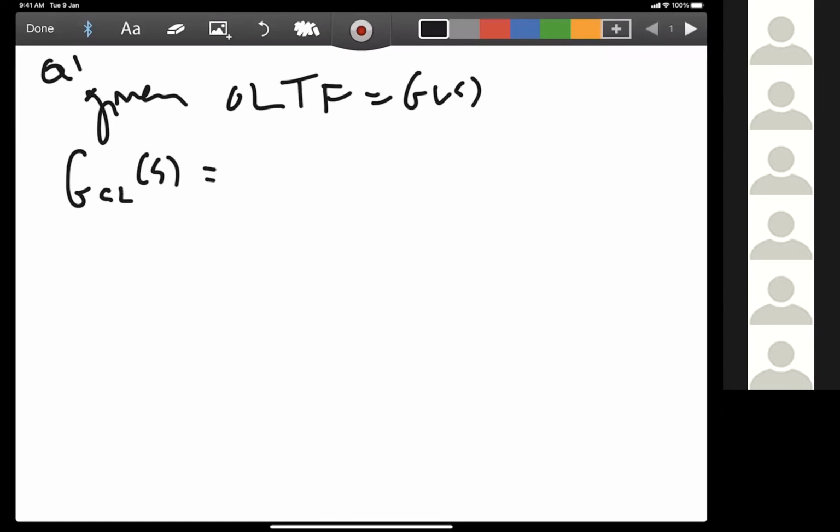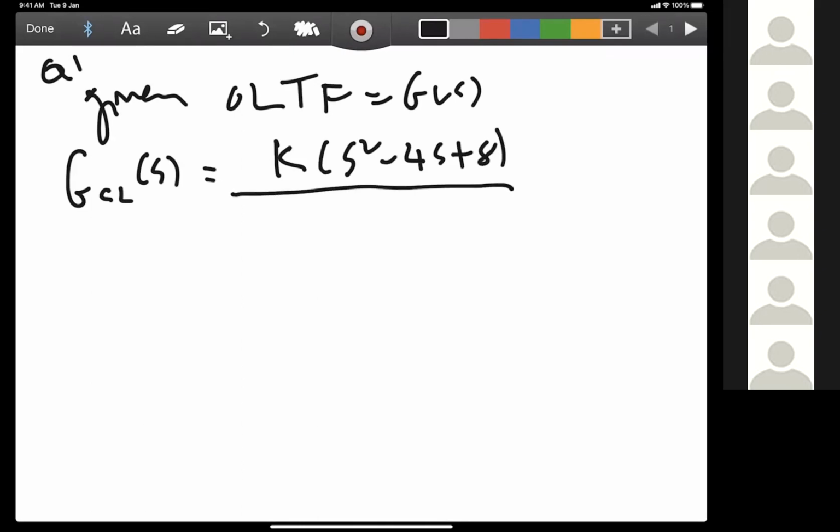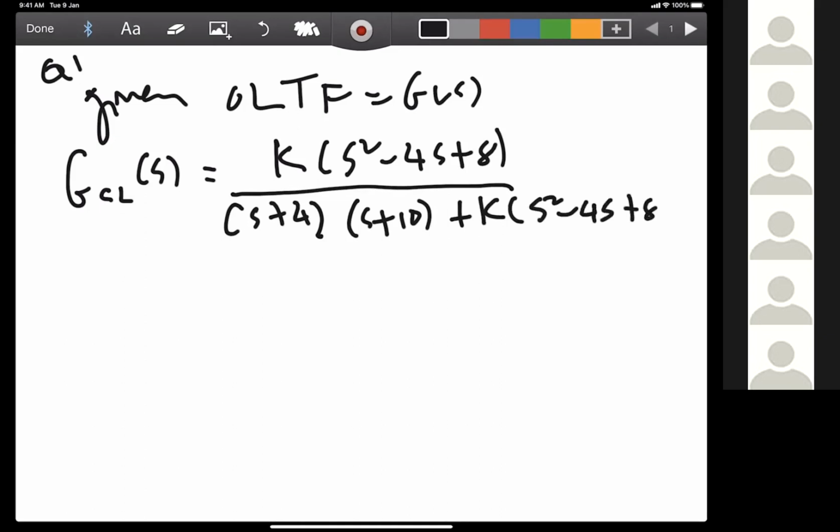Okay, so G closed loop will be K(s² − 4s + 8) over (s + 4)(s + 10) + K(s² − 4s + 8).